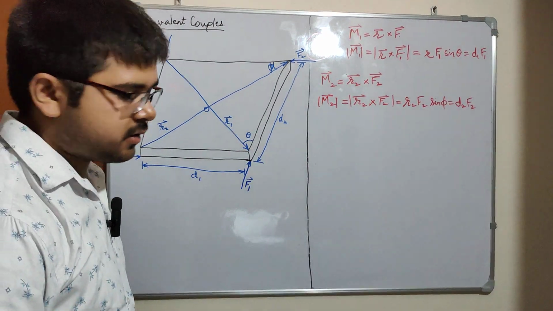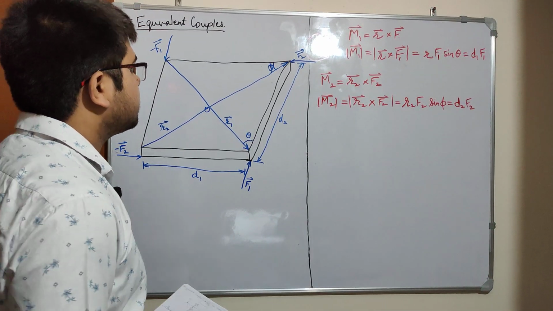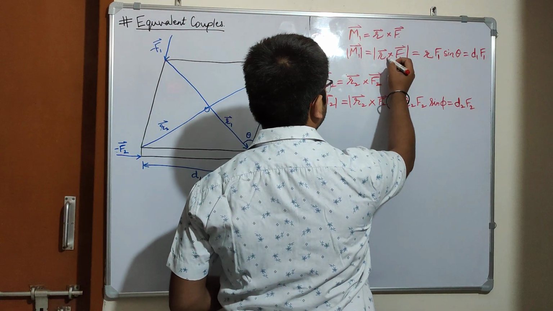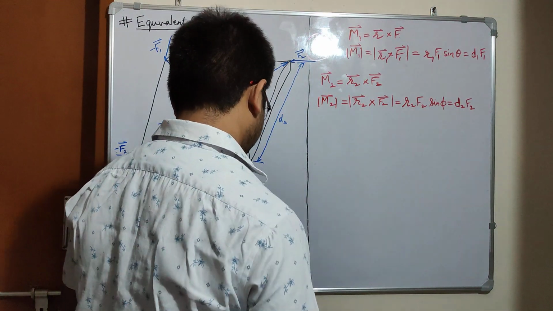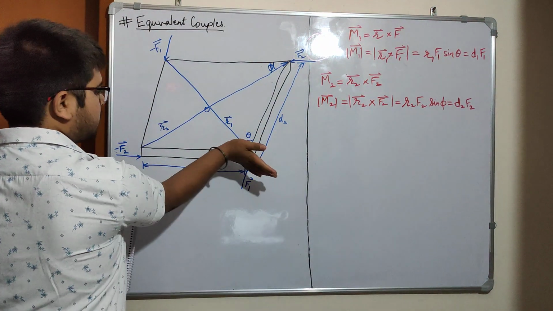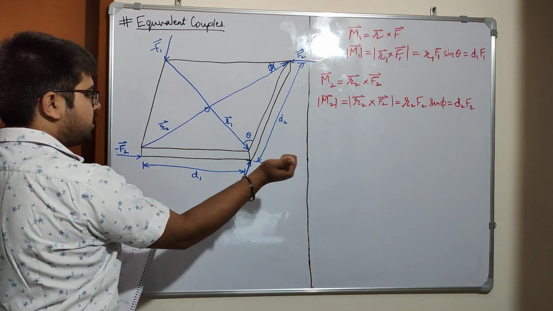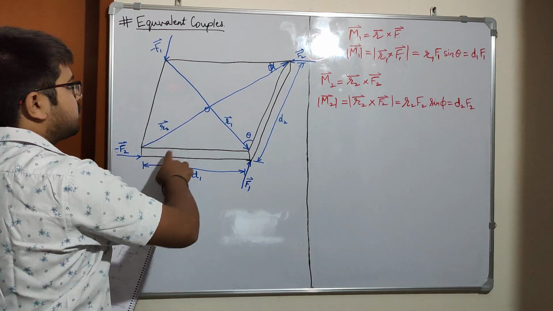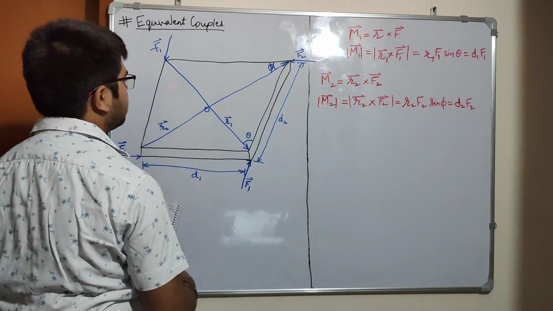Now we can see that R1 cross F1 will give a vector pointing outwards, and R2 cross F2 will also give a vector pointing outwards.